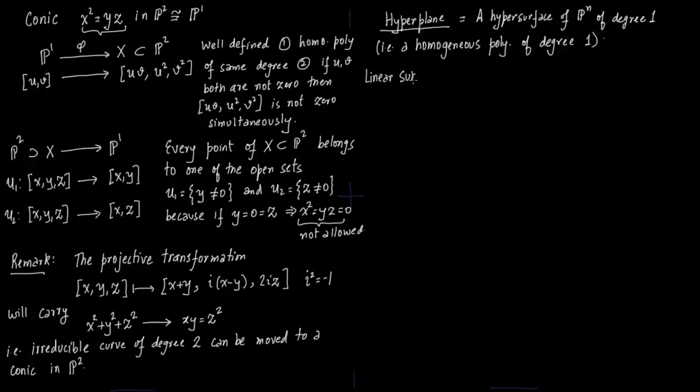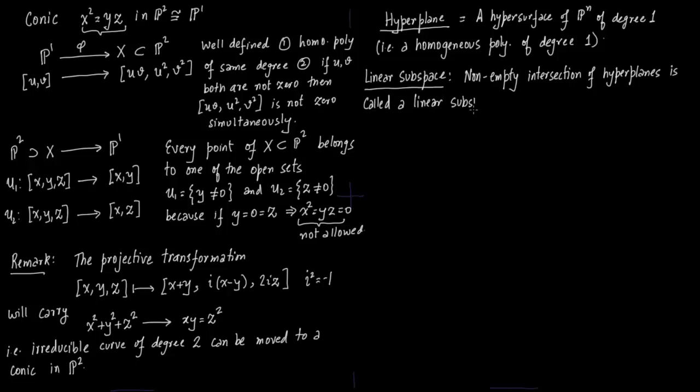So now we define a linear subspace. A non-empty intersection of hyperplanes is called a linear subspace of Pn.